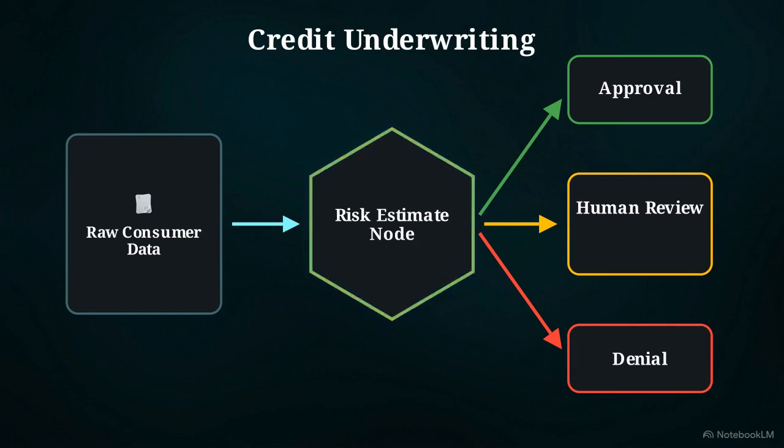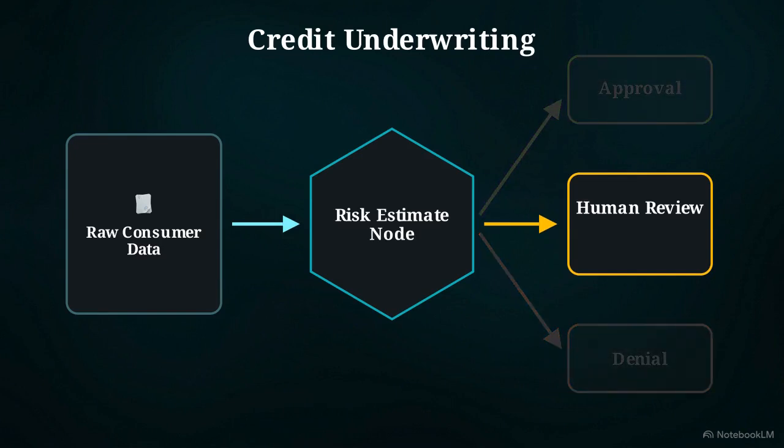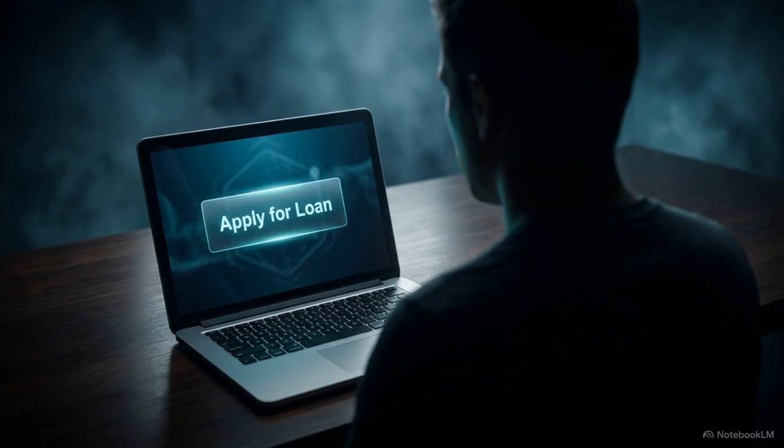But we need to pause for privacy and fairness. If historical lending decisions were biased against certain neighborhoods or groups, a model trained on that data can quietly repeat that unfairness. That makes the human review branch a critical safety net. Before trusting an automated financial decision, consumers should ask 3 vital questions.